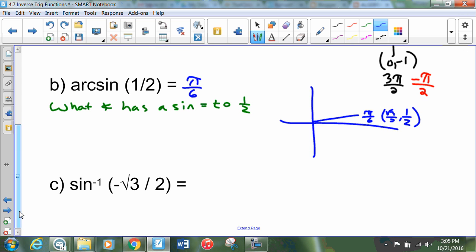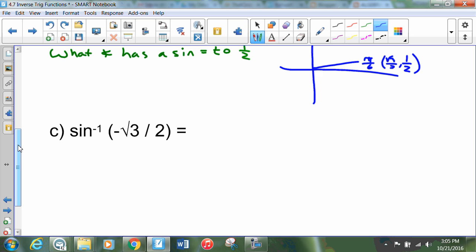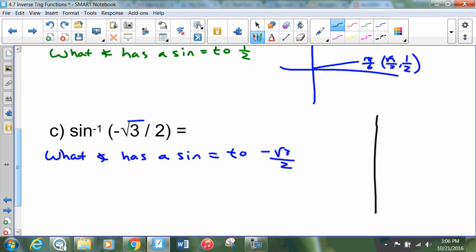All right, so this next one, we see inverse sine of negative root 3 over 2. It's asking what angle has a sine equal to negative root 3 over 2. So I think about a couple of things. I think about, sine is negative. Where's sine negative?